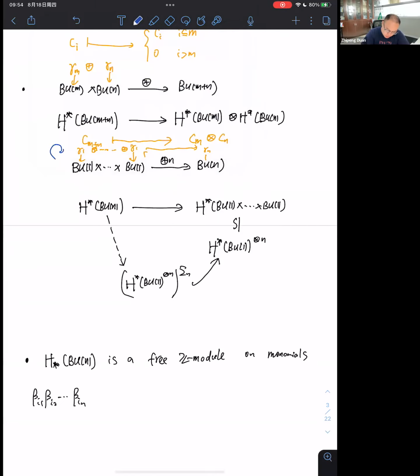So if you change the order of the direct sum by the action of the symmetric group, it is equivalent up to isomorphism. So it reflects on the cohomological level. So this map will factor through the invariants of the tensor product of n copies of the cohomology of BU1 under the action of the symmetric group sigma n.